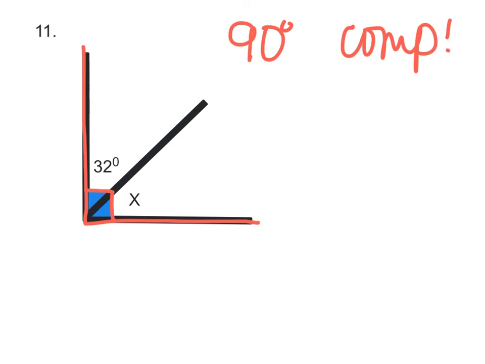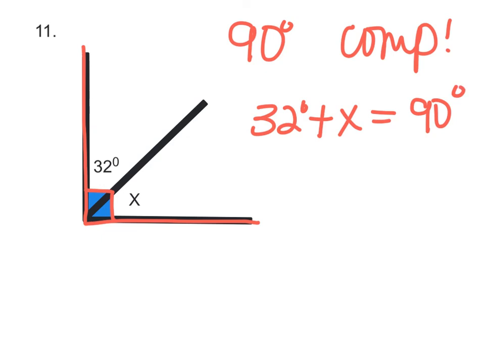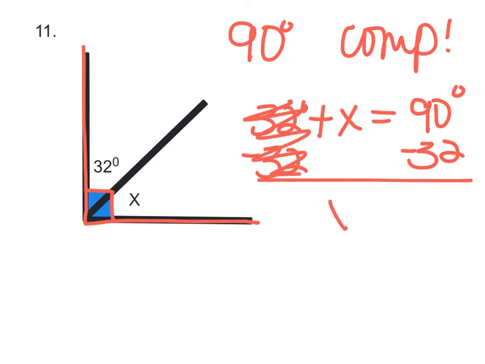Okay, so if you take 32 plus the missing angle, that should add up to equal 90 degrees. So if you subtract the angle that you know, that should leave you with the angle that you don't know, which in this case is 58. So 58 degrees and 32 degrees are complementary because they add up to equal 90.